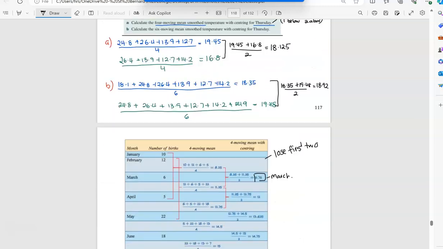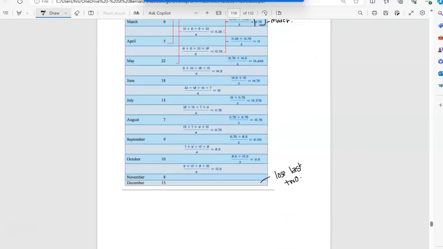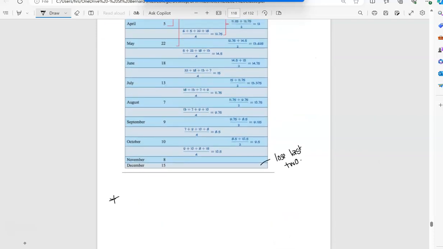And then if we had 8, we'd lose 4, okay? So just so you know, if you wanted to write a little note, because sometimes they bring it up in a multi-choice: 6 mean smoothing with centering, you lose the first 3 and last 3 data points.